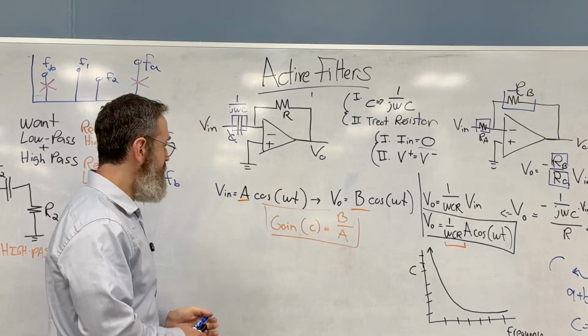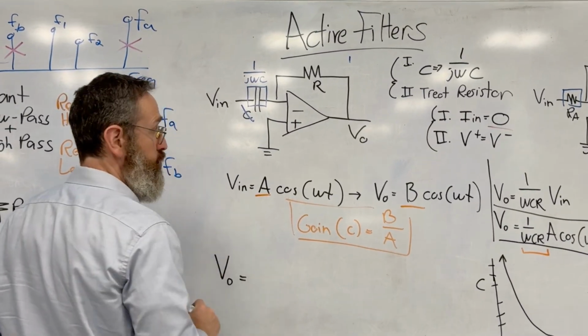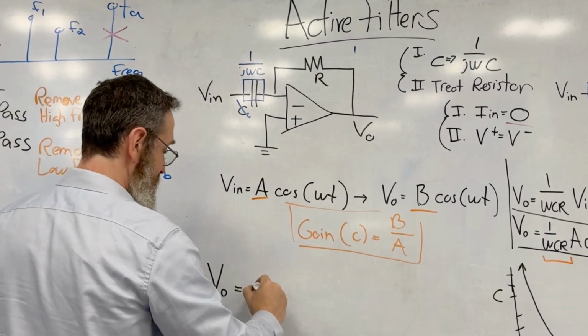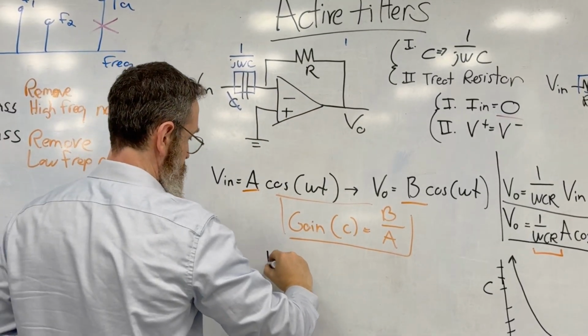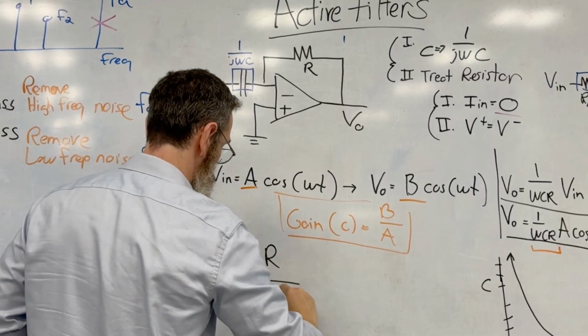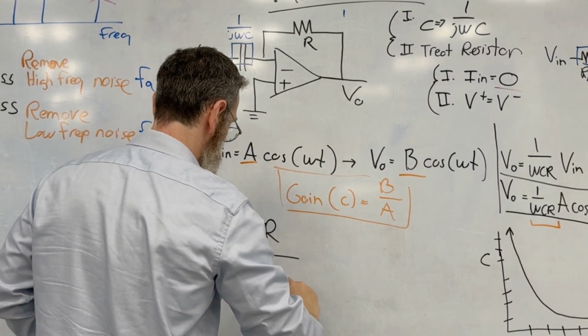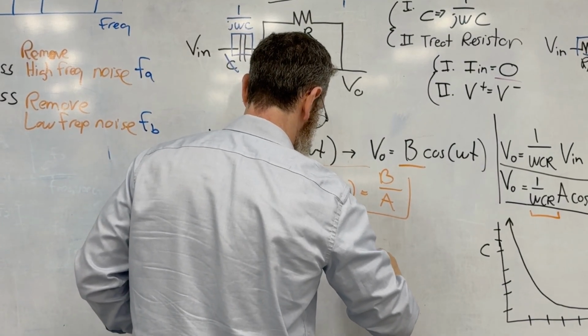So I can in one step say that V out is equal to negative this resistor, which is R, over this resistor, which is 1 over JWC, which is equal to minus JWRC.